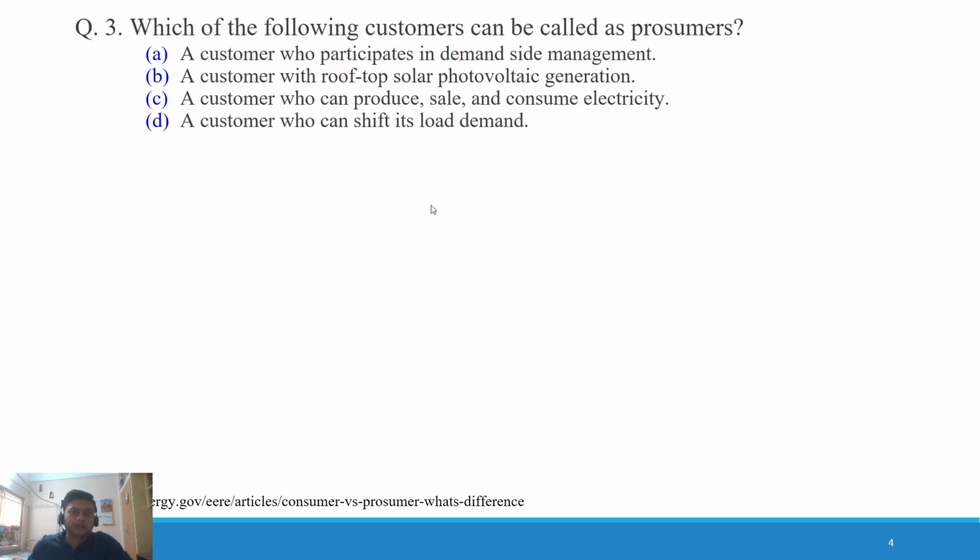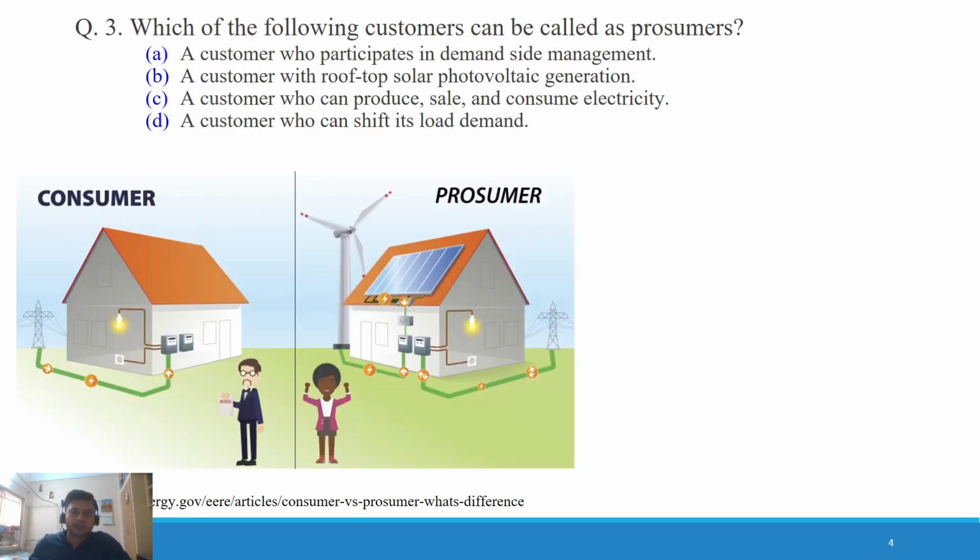So what are prosumers? If you see this word, it is coined from two terms. The first part, pro, comes from producer, and the second part, sumer, comes from the word consumer.